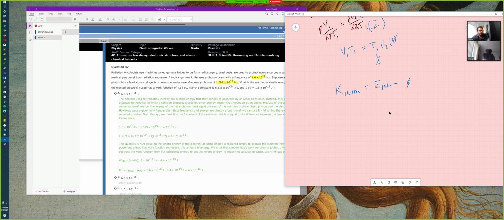Yeah, so the work function is essentially the energy required to make the electron no longer bound to the atom. Oh, wow.